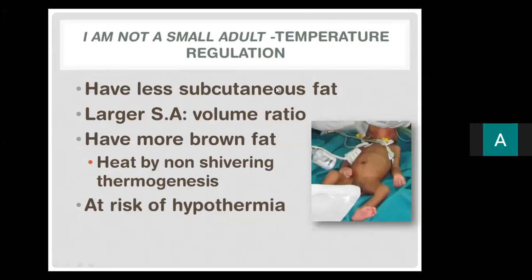I can't hear you. I don't know if it's your network. Why is it that they have more brown fat? I need clarity on why we say that infants are prone to hypothermia, yet we are again saying they have more brown fat, and provided that brown fat is oxidized to generate heat.